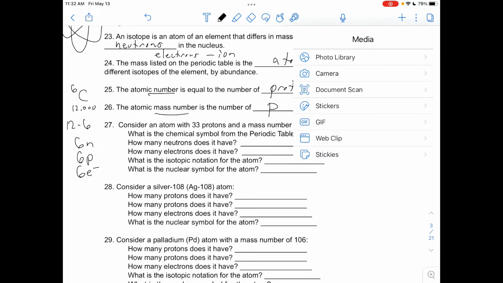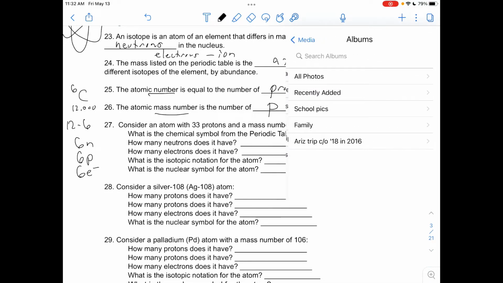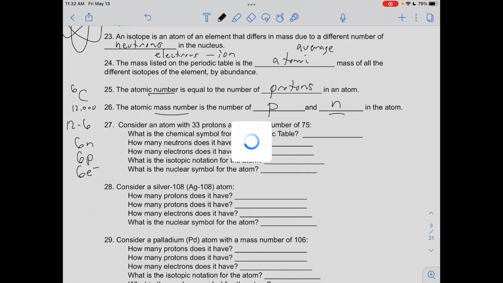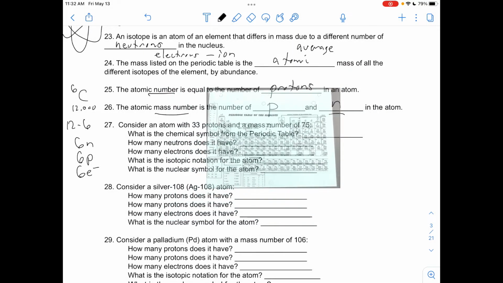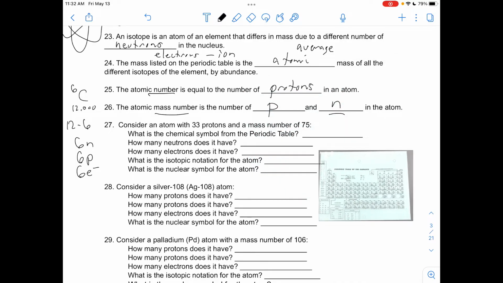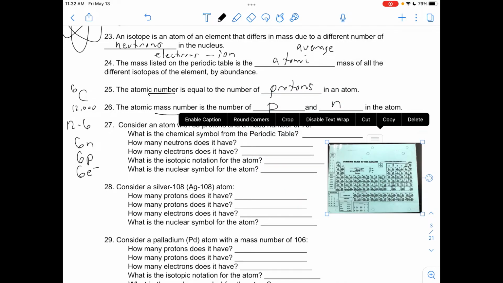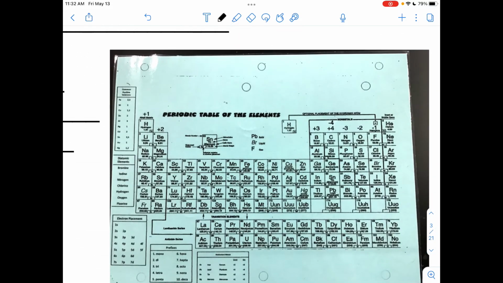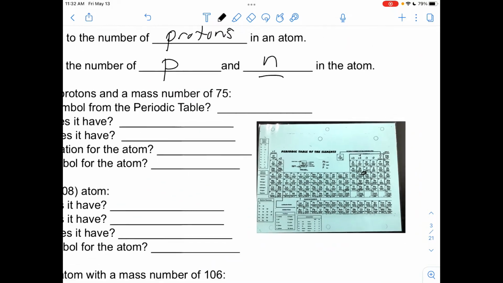I'm going to add my periodic table here to help us out. If I look at my periodic table, 33 protons, looking for a 33, it'd be this guy right here. It's arsenic.